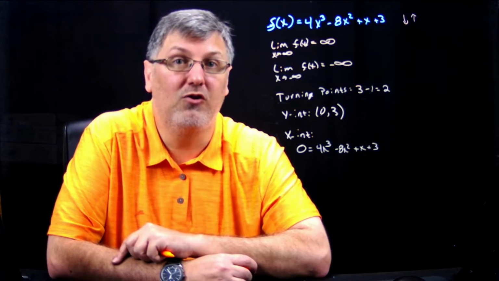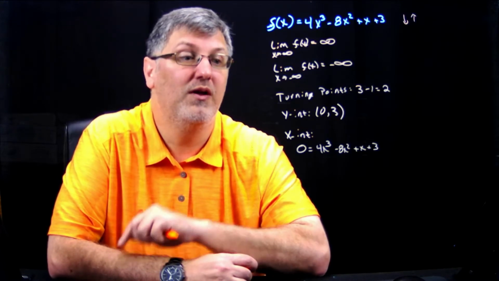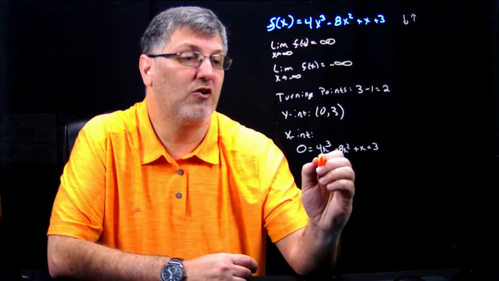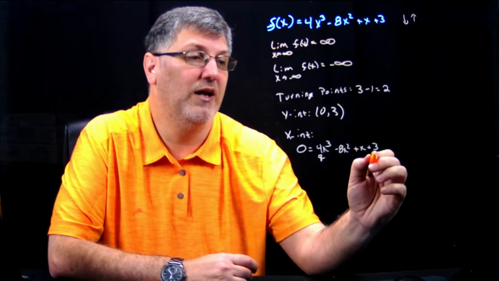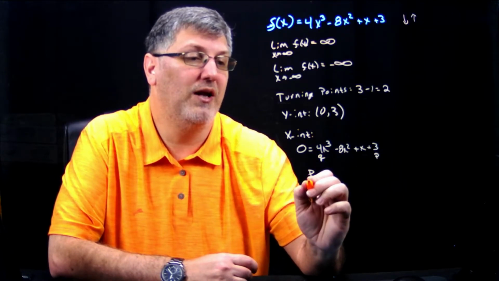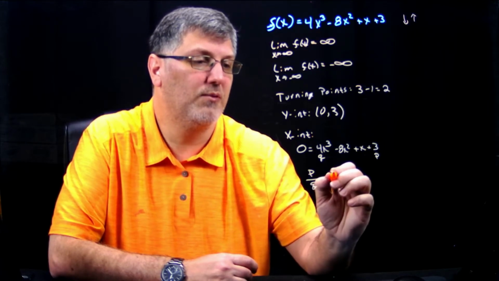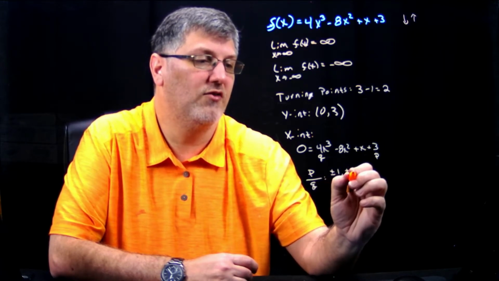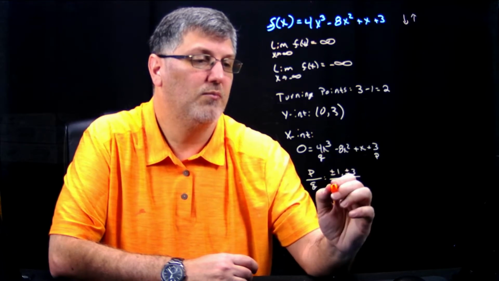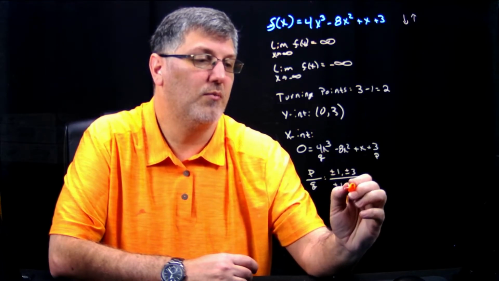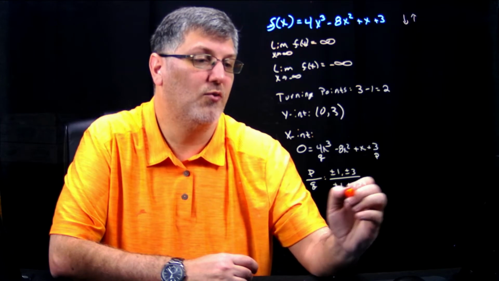So now I have to go to my rational root theorem. We're going to get our p from here and our q from here. So we're going to do p divided by q, which is plus or minus 1 and plus or minus 3 over plus or minus 1, plus or minus 2, and plus or minus 4.